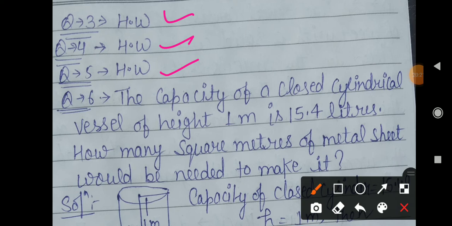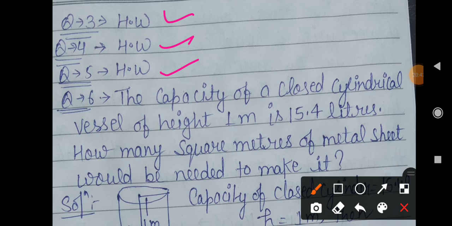Then, as in question number 4, you find the value of the radius, and then you get the capacity. With the help of the radius and the height, you find the capacity. So with the help of these instructions, you can solve questions 3, 4 and 5.